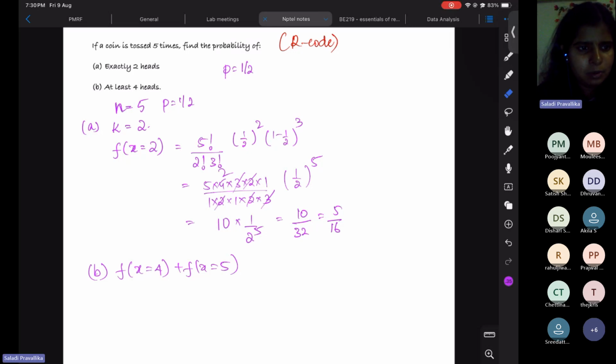Okay, do you guys want to have a look at it in the R code? Sure.